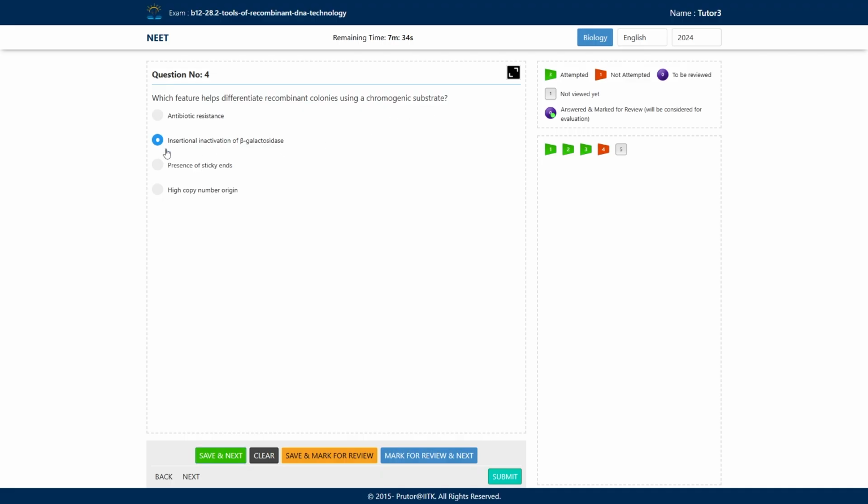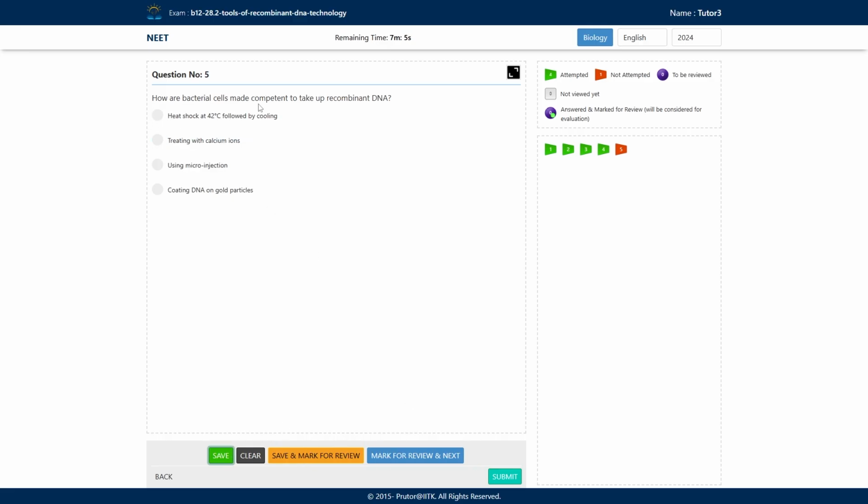Yes, because beta galactosidase can convert a chromogenic substrate and turn it into a color. As we have studied in our lecture, it can convert the substrate into blue color, but if there has been insertional inactivation of beta galactosidase, then it won't be possible. So this answer is second.